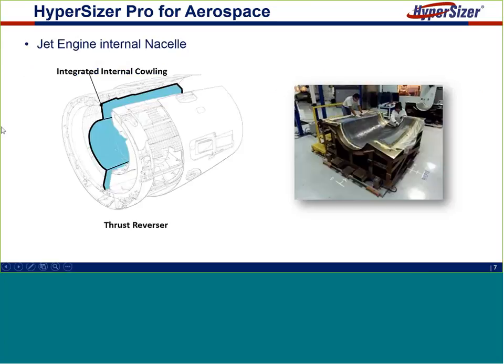And what I want to talk about is about 5 years ago, we were working with a joint customer here on an internal nacelle for a jet engine, a thrust reverser. In the image to the right, you can kind of see the relative size of this part by the people making it. And you can see, obviously, there's no internal structure, so there's no natural boundary of where the plies should terminate.